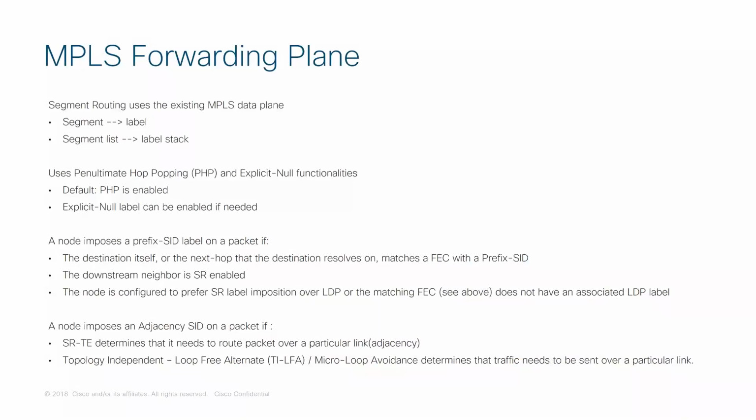You are defeating the purpose. Yes. The only place where I have seen people allocating SR labels to prefixes is the LDP to SR migration case. Once the migration is done, remove them. So far so good, right?